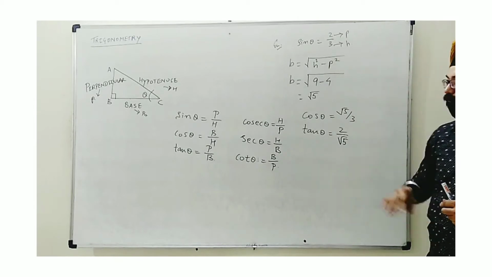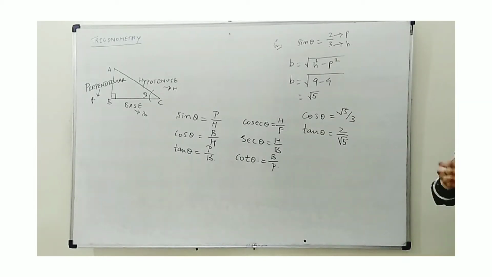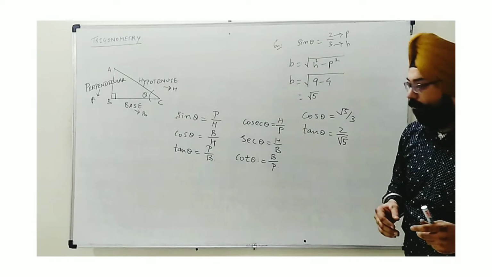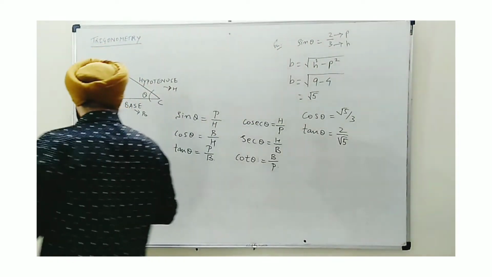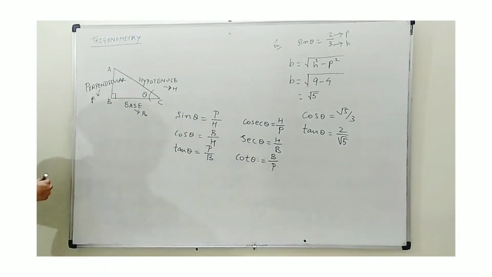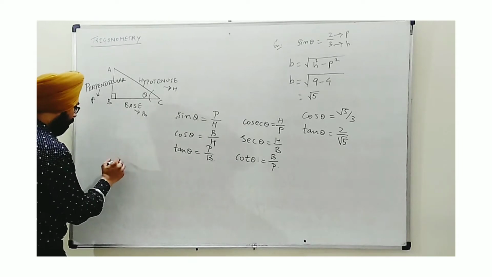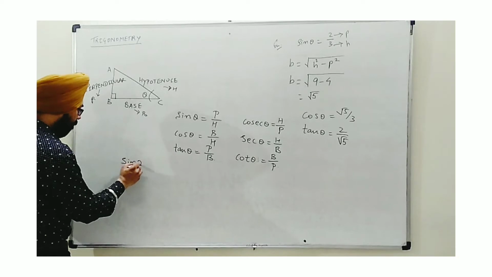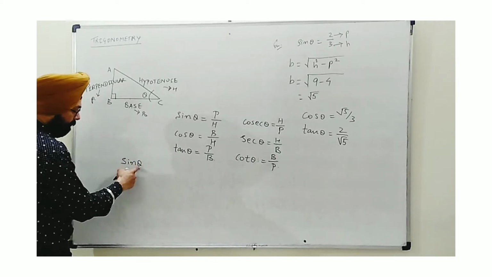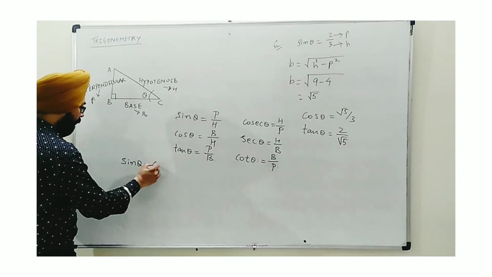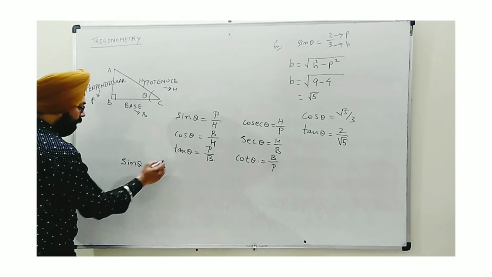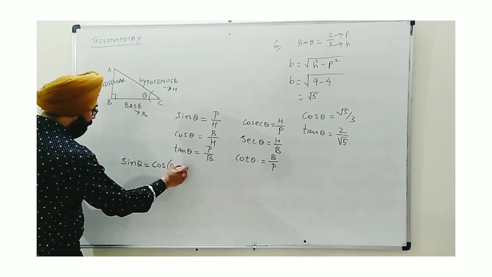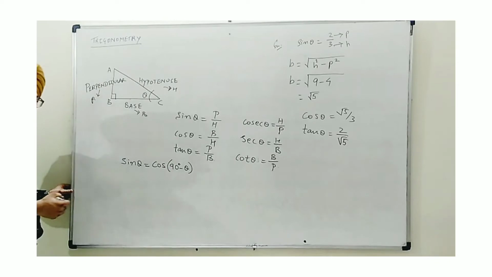More things were there. The second topic which was taught to you was complementary angles. Complementary angles are actually relations. Whenever you are given sine of theta, some angle, then if I want to relate this with cos, it can be written as cos of 90 minus theta. 90 is in degrees.